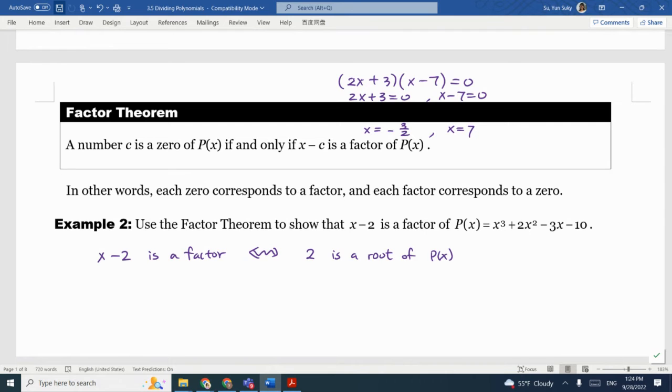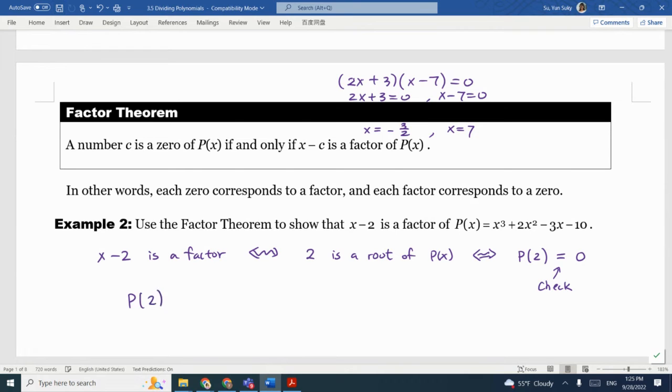Yes, we have the factor theorem. And 2 is a root. That means when we plug in 2, we get 0. That means if we put this number inside our function, our y value is 0. So let's verify that.